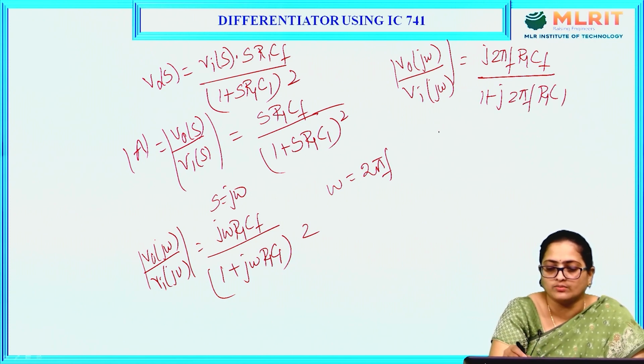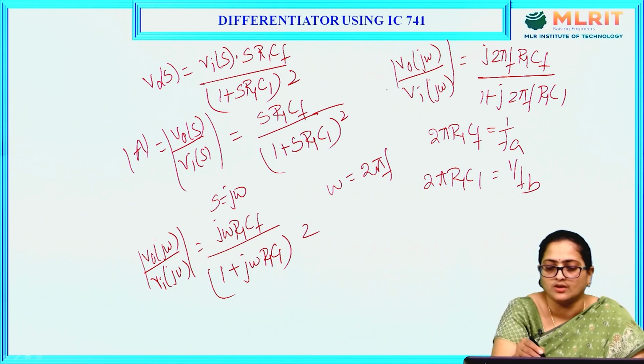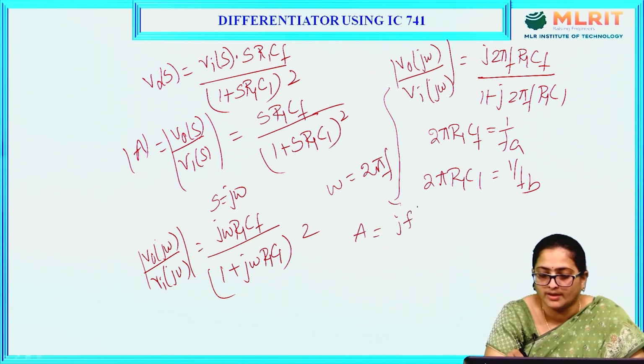Let us assume that 2 pi R1 CF is 1 by Fa and 2 pi R1 C1 is 1 by Fb. So now from this you can write the gain as j into f by Fa divided by 1 plus j into f by Fb.